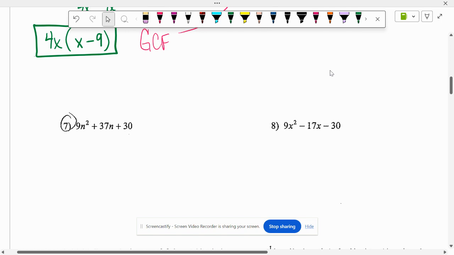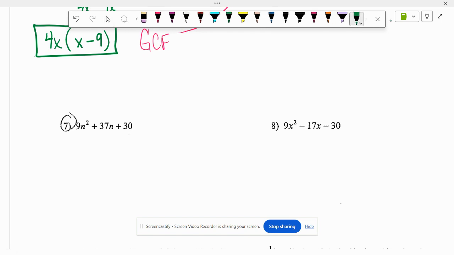Number 7. Let's take a look at number 7. Number 7, I'm going to do with you. This is a trinomial, and A does not equal 1. There's also no GCF. So that just means I have to choose a method. I'm going to go ahead and use the slide and divide method.